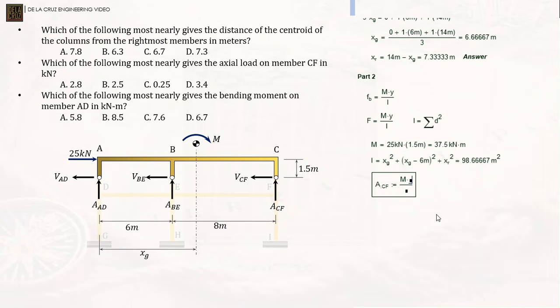We have the distance of the force in member CF from the neutral axis, so our distance Y there is equivalent to XR, from here to here, over the inertia which we already calculated. If we press equals, the answer should be there. Let us make it kilonewtons. That is 2.8. So the answer here is letter A. Let us make it 2 decimals. Okay, that is 2.8, letter A.